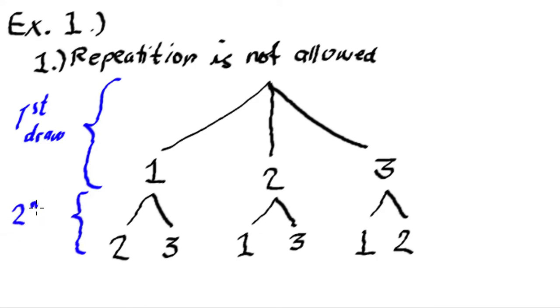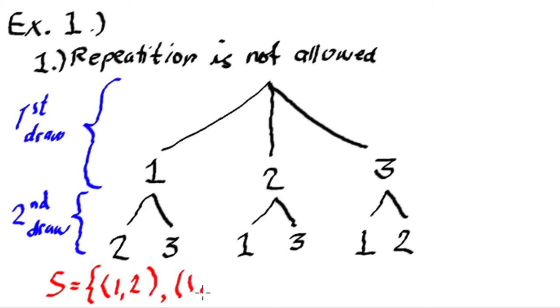Now, from here, hopefully you can see our sample space already. So what is our sample space? This is how we write our sample space, like a set. We can get 1, 2. What's next? We can get 1, 3. What else?